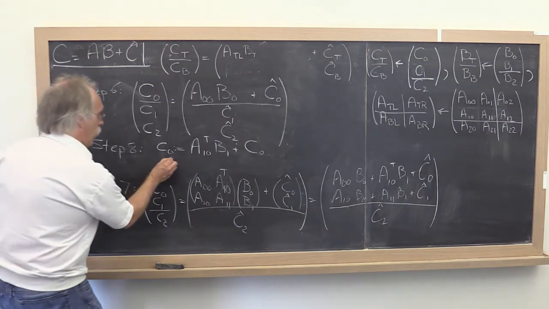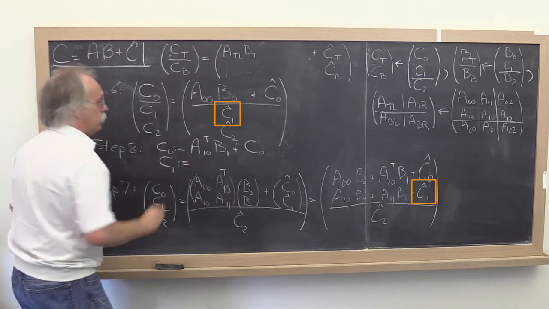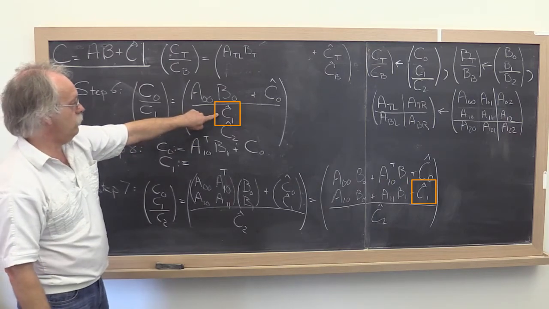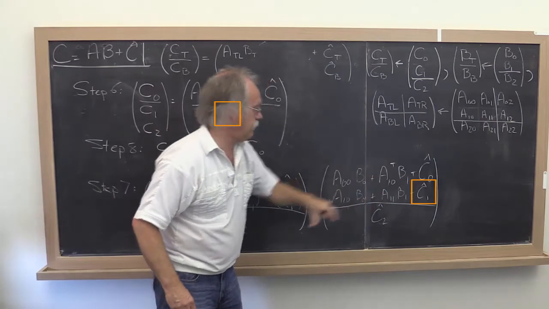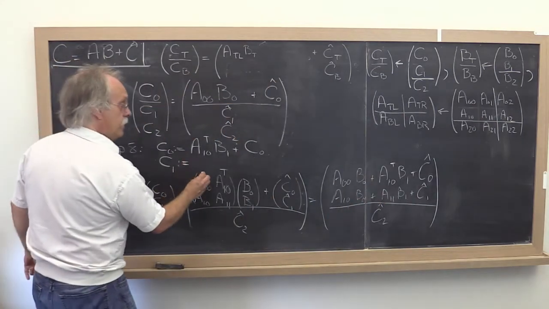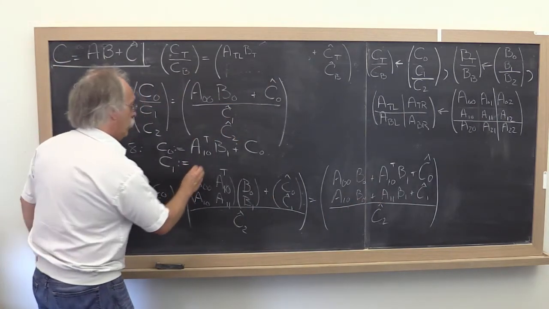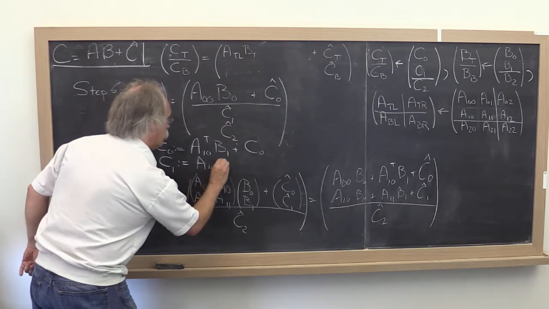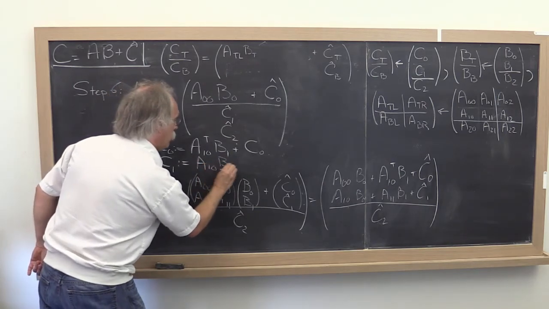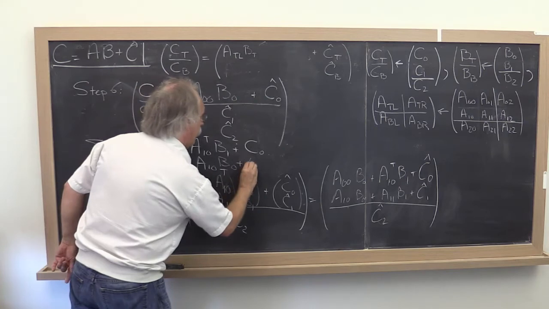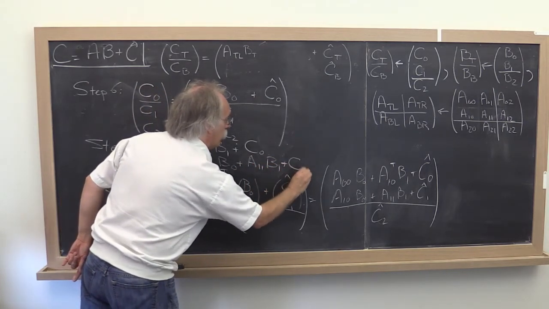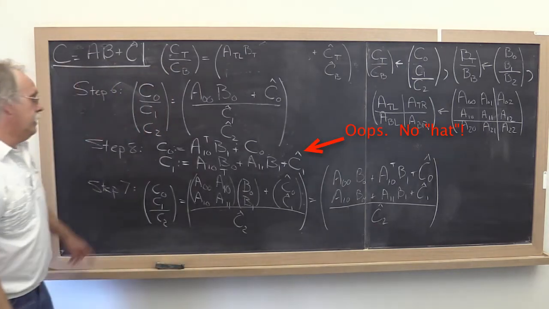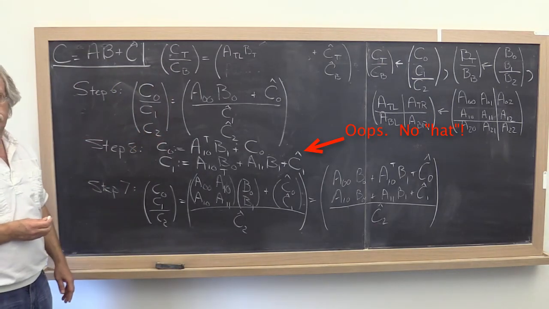And then C1 should be updated with, well, it just has C1 hat, its original contents in it. It has to have this in it. So we say that should be equal to A10 times B0 plus A11 times B1 plus C1 hat. And that's our update. Right?